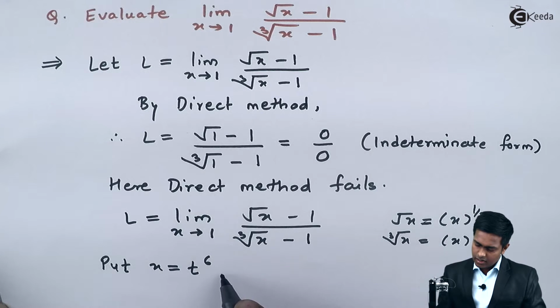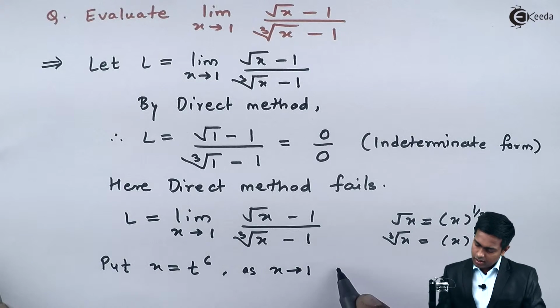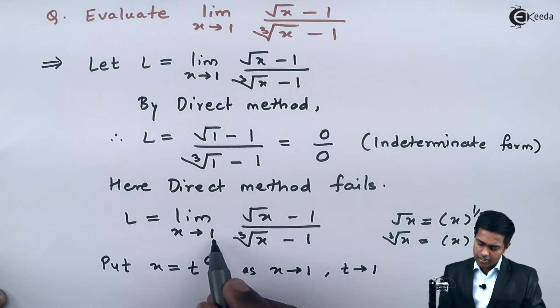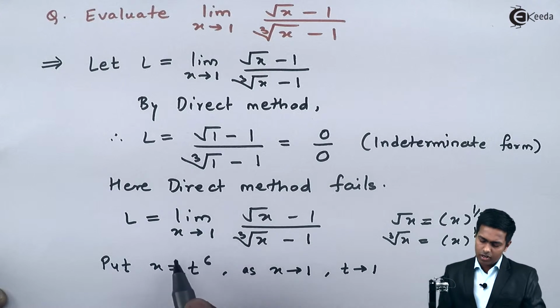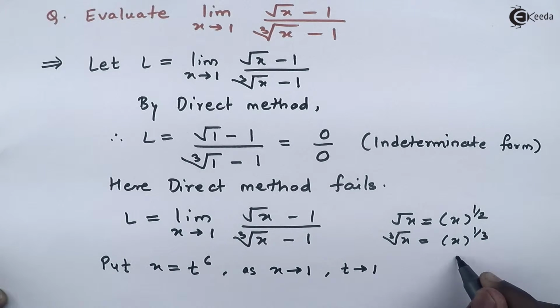So as x tends to 1, t will also tend to 1, because when I substitute x as 1 over here, we get 1 equal to t raised to 6, and by taking the 6th root on both sides we get t equals 1. Hence I am writing t tends to 1.